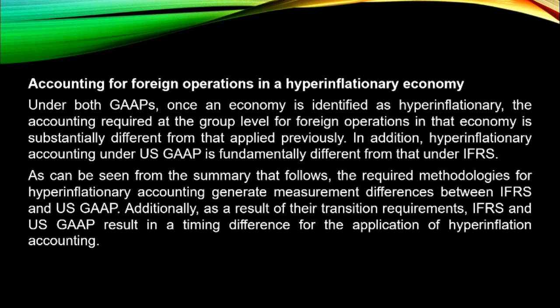As can be seen from the summary, the required methodologies for hyperinflationary accounting generate measurement differences between IFRS and US GAAP. Additionally, transition requirements under IFRS and US GAAP result in a timing difference for the application of hyperinflationary accounting.